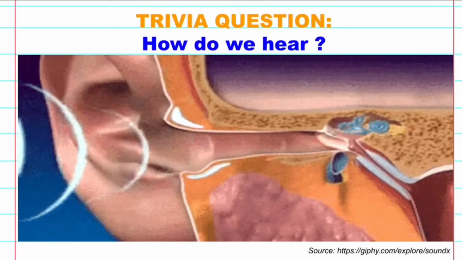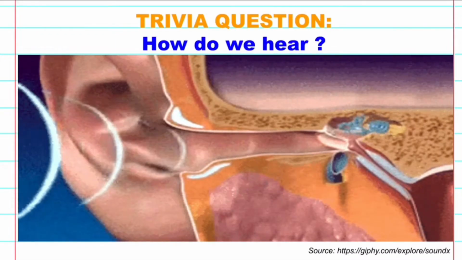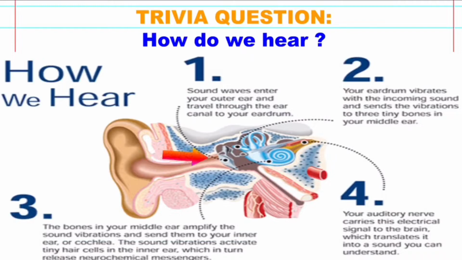Trivia question of the day. How do we hear? Sound waves enter your outer ear and travel through the ear canal to your eardrum. Your eardrum vibrates with the incoming sound and sends the vibration to the three tiny bones in your middle ear.